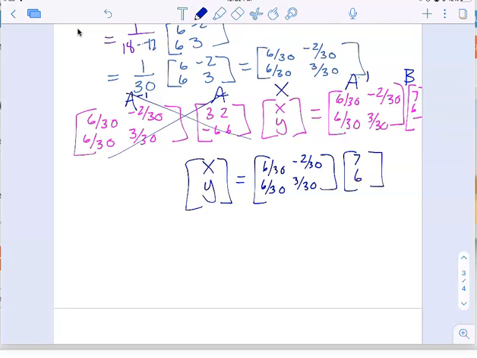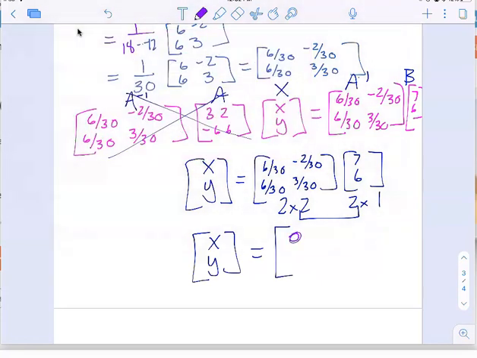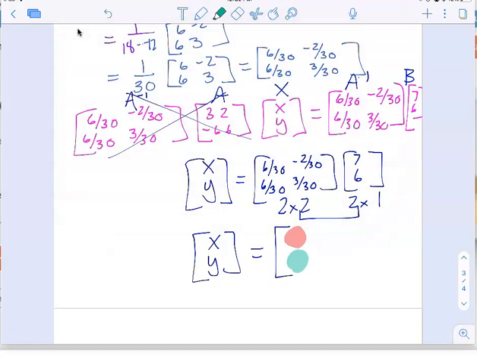So now if you remember multiplying, this is a 2 by 2, this is a 2 by 1. So our resulting matrix, whatever xy is, is a 2 by 1. So I'm just going to write those slots here.